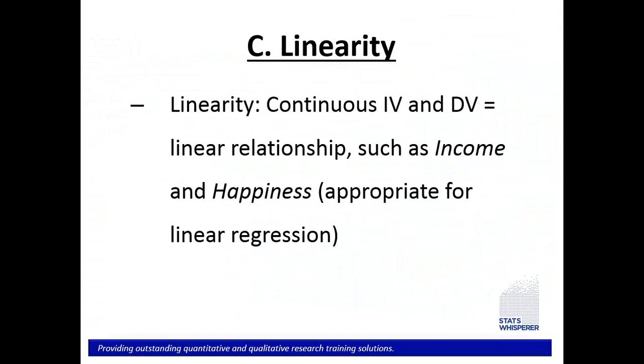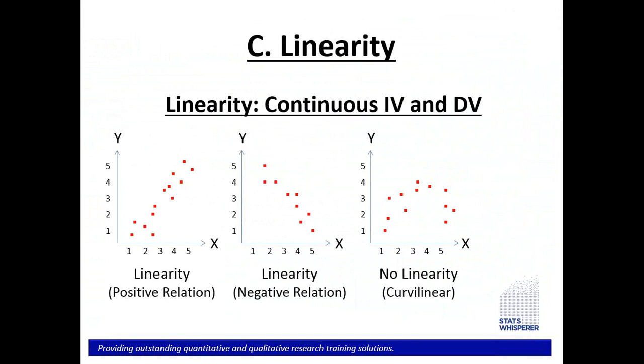Now, linearity, right? If we're doing a linear regression, we're looking for a linear relationship. So we have our continuous independent variable, say income as an independent variable predicting happiness. It'd be appropriate for a linear regression model if it had a linear relationship.